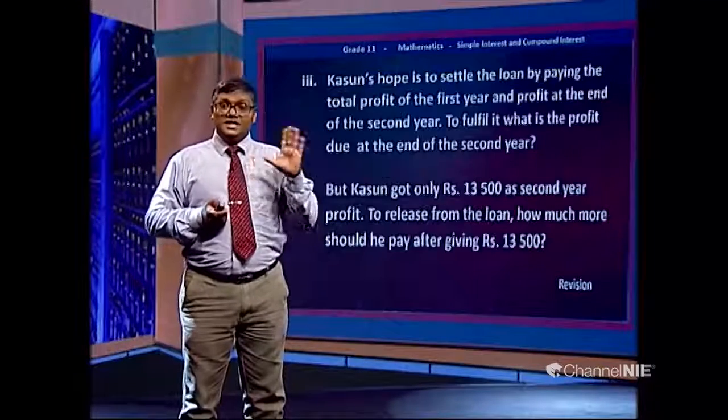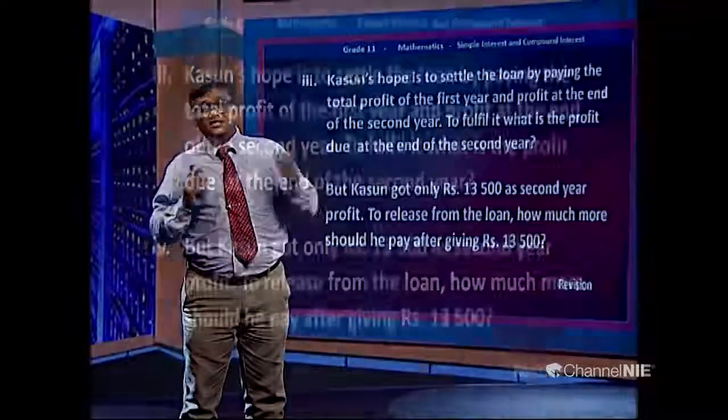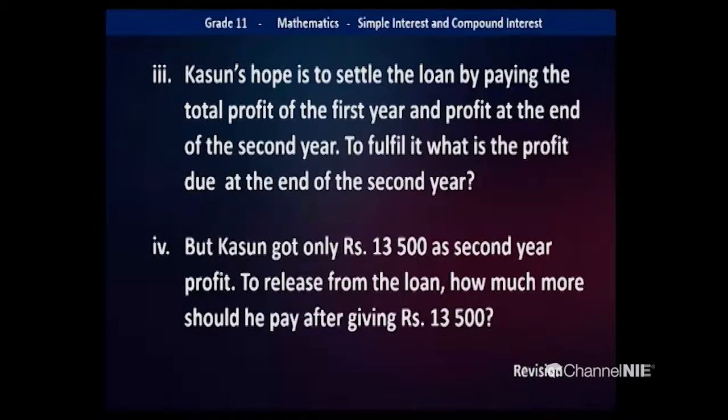Then third one, this is a well structured question. I told you about structured and unstructured questions. This is a structured question. Third part, Kasun's hope is to settle the loan by paying the total profit of the first year and the profit at the end of the second year. Now what he expects?